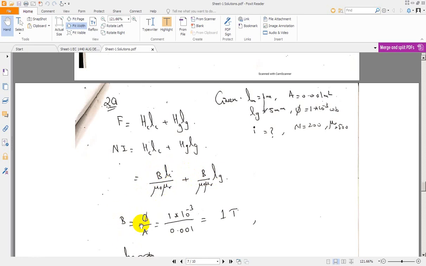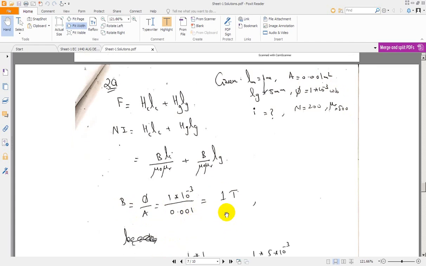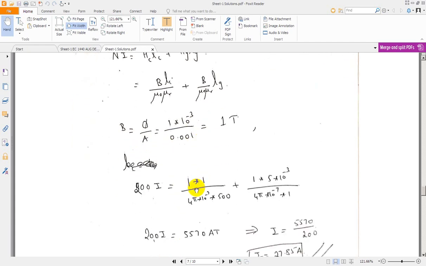Now B will be equal to flux per unit area. Flux is 1 into 10 to the power of minus 3, which is given. 1 milliweber divided by cross sectional area 0.001 is equal to 1 Tesla. Now let us substitute. 200 is the number of turns, so 200 I is equal to 1 into 1 divided by 4 pi into 10 to the power of minus 7 into 500 plus 1 into 5 into 10 to the power of minus 3 divided by 4 pi into 10 to the power of minus 7.